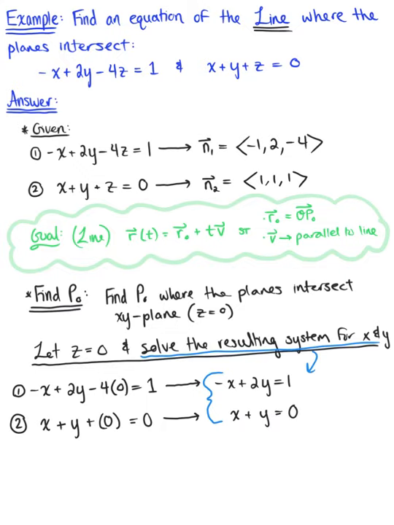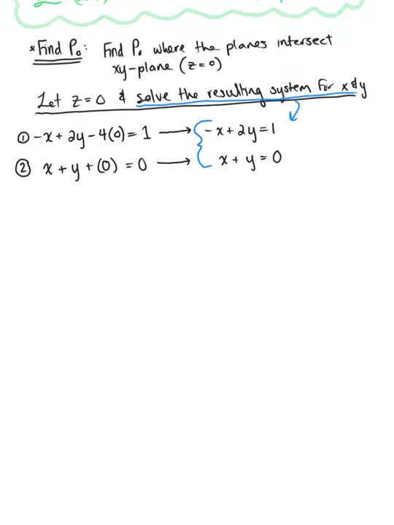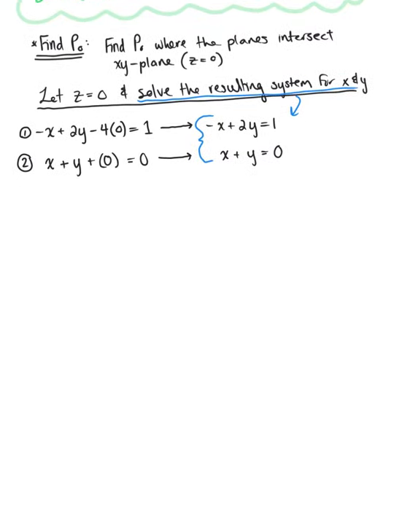And let's go ahead and give ourselves plenty of room. So here we go. And how you solve is entirely up to you. Now I'm noticing here that this first equation has a negative x, but the second equation has a positive x. So what I'm going to do is simply add equation 1 to equation 2 to eliminate the x's.